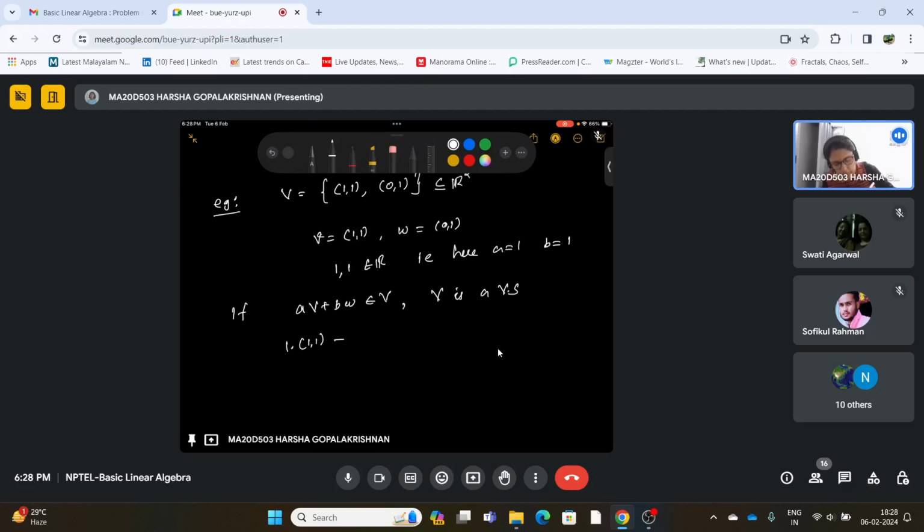So 1 into (1,1) plus 1 into (0,1) gives (1,1) plus (0,1), which is equal to (1,2). Does this belong to our set V? The set V consists of only two elements, (1,1) and (0,1). So (1,2) does not belong to V, correct? So V is not a vector space.